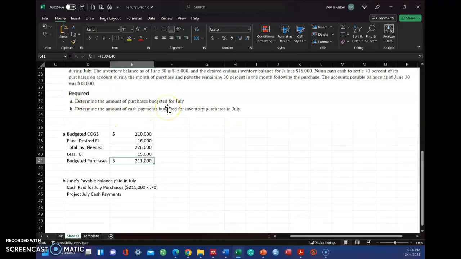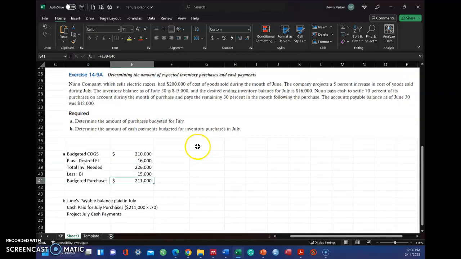Okay, so that's the budgeted purchases, or the purchases budget, completed. And now it says deal with the cash payments budget. Well, how much are we paying off? The company pays 70% in the current month, 30% in the following month. The accounts payable balance as of June 30th is $18,000. So that is the amount that wasn't paid off during June. That's the 30% left over from what they didn't pay in June.